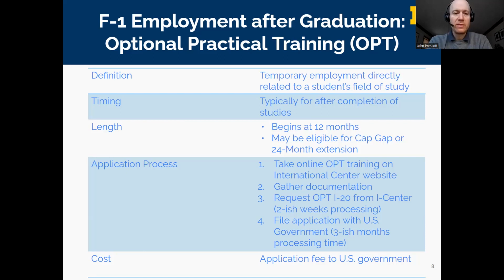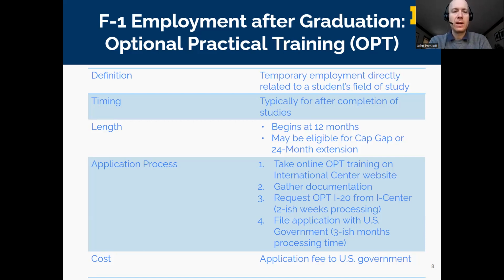Very briefly stated, the application process for OPT involves gathering information, gathering documentation. We require a training on our website. You'll have to ask for the International Center to issue you a new I-20 before you can apply for OPT. That takes a couple weeks.